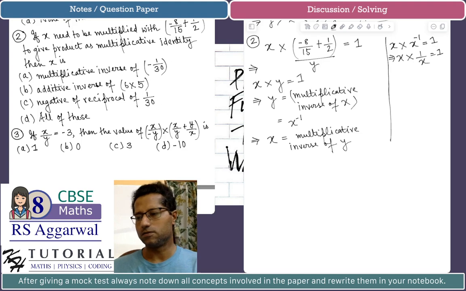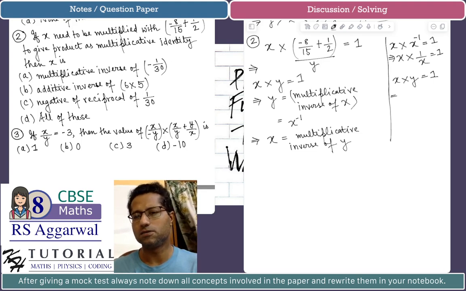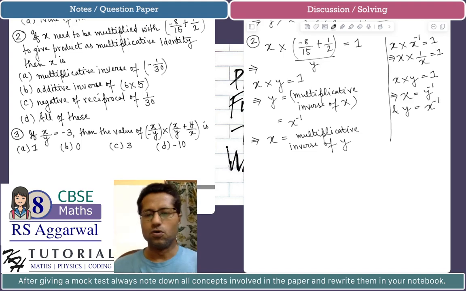If you have two non-zero rational numbers x and y, and x multiplied by y is equal to 1, it means that the two rational numbers x and y are multiplicative inverses of each other. This means that x is equal to the multiplicative inverse of y, that is y to the power minus 1, and y is also equal to the multiplicative inverse of x, that is x to the power minus 1. So using this concept, we can say that x is equal to the multiplicative inverse of y, that is y to the power minus 1.